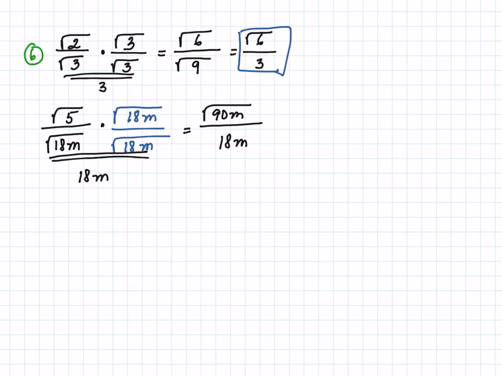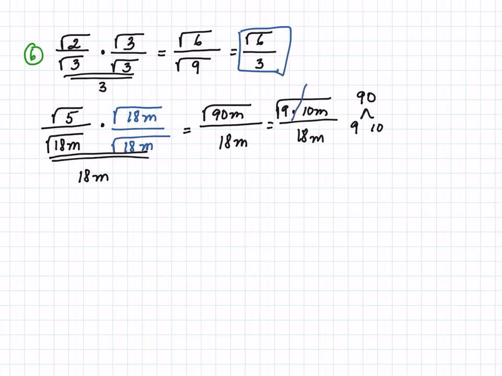Wow, 90 is not a perfect square, but I can factor it out. 90 is the same as 9 times 10. 9 is a perfect square, 10 is not a perfect square, and m is not a perfect square, so I have 10m inside.